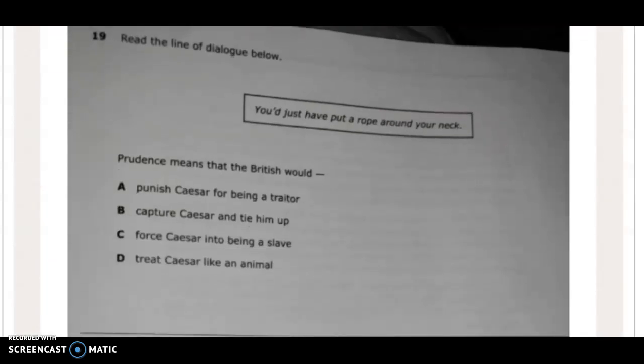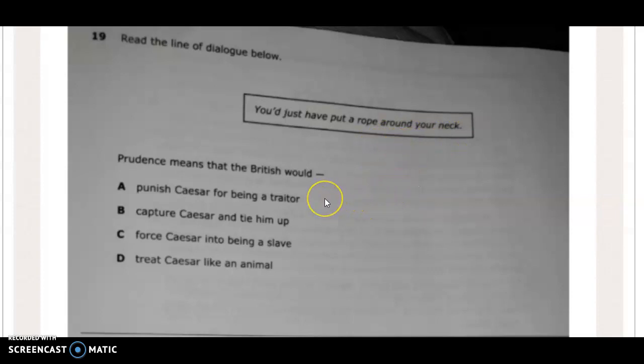Next, it says, read the line of dialogue below. You just have put a rope around your neck. What did Prudence mean when she said this? Prudence means that the British would do what to Caesar? Think about what happened right before she made this statement to him.